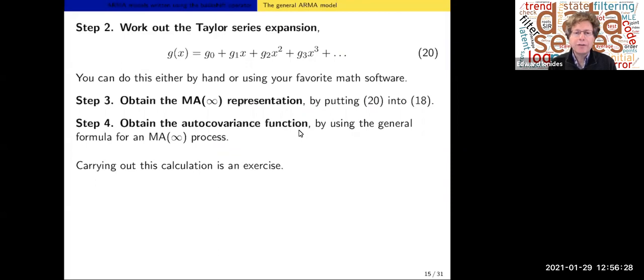But once you have that Taylor series expansion, you have the MA infinity representation, and then you can use the general formula for autocovariance of an MA infinity to find the autocovariance function of the AR1, and that's an exercise.